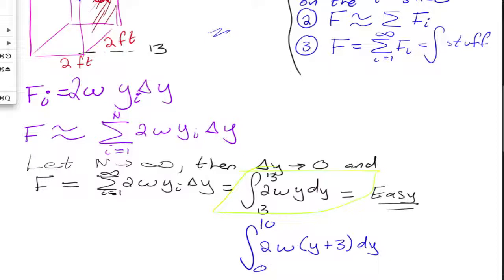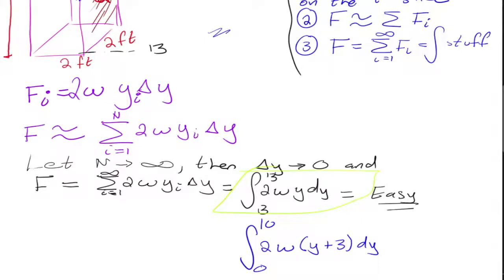Take a look at the depth: the top one says it goes from 3 to 13, and the 2 omega is the same. But if you look at the bottom one, when y is equal to 0, what is inside of the parentheses? 3. And when you go up to 10, the inside of the parentheses is 13. So it's actually the same exact thing, right?